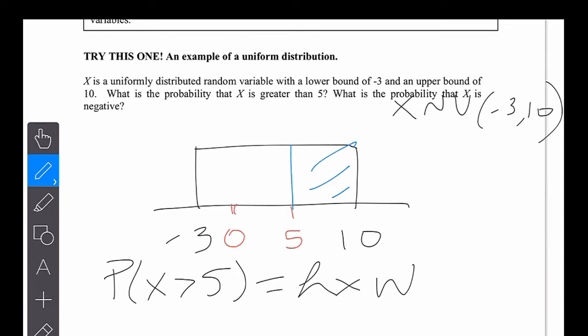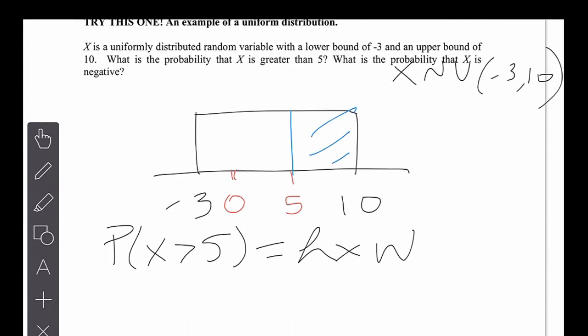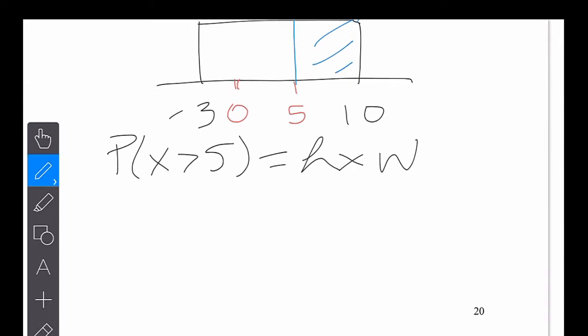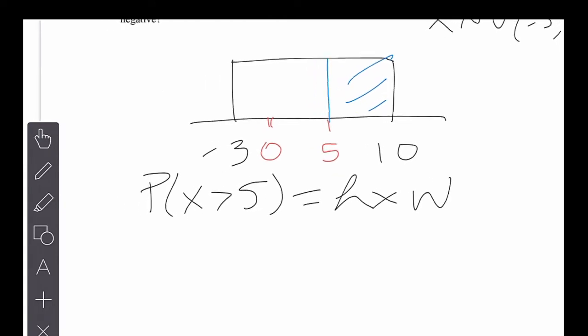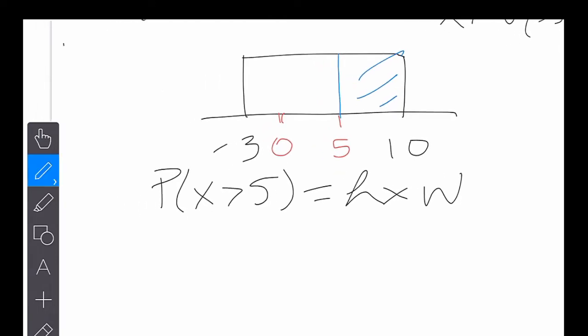Height, we need to find that, and width, we need to find that too. So what is height? Well, you can always do this from first principles, but you can also remember it with a formula. So area of the curve, let's do this beside the curve. Area is equal to 1 of the whole thing, not the blue part, just the whole density curve.